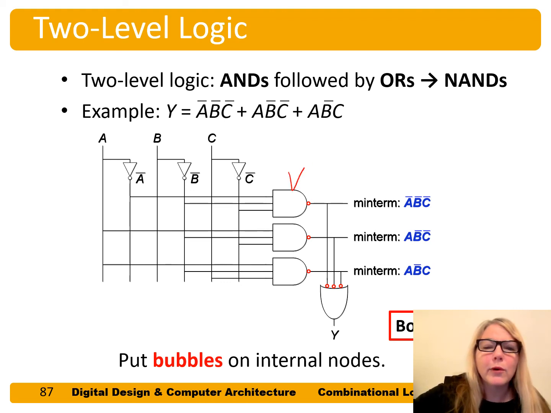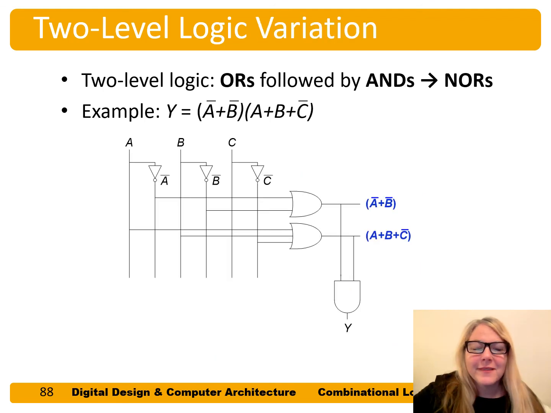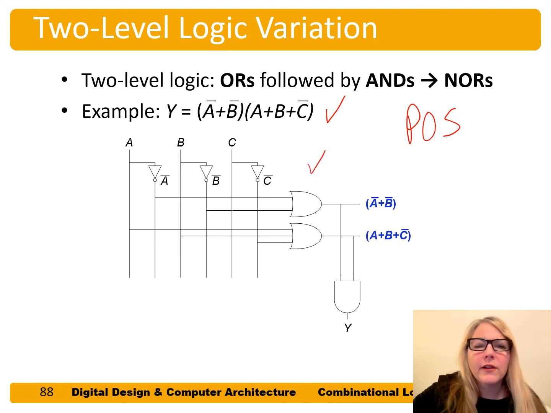And again, remember, both of these gates are NAND gates, both forms of these gates. The AND shape body with a bubble on the output, or the OR shape body with bubbles on the inputs. And here's another example of taking a POS form, product of sums form of the equation. So we have our OR gates followed by an AND gate.